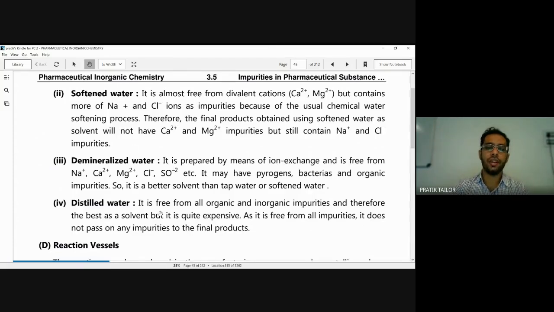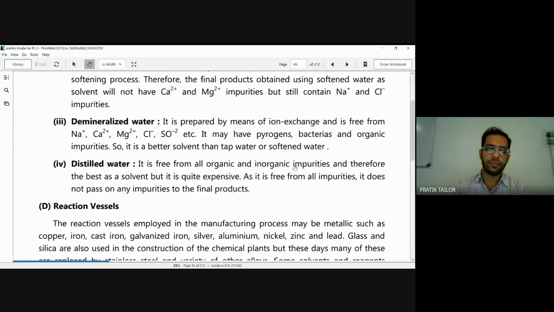distillation, which will remove organic and inorganic impurities, and many times it is considered, but it is quite time consuming and expensive also. Sometimes we are using demineralized water, where we remove sodium, calcium, magnesium, etc. from the water.